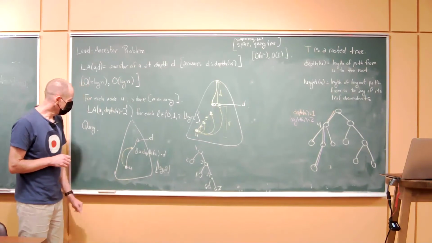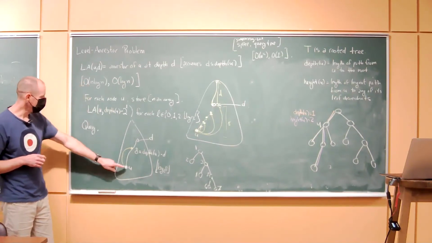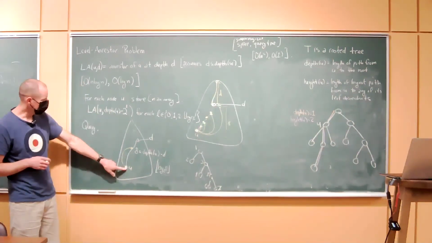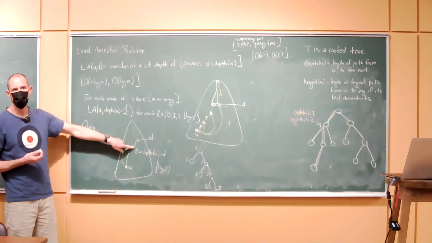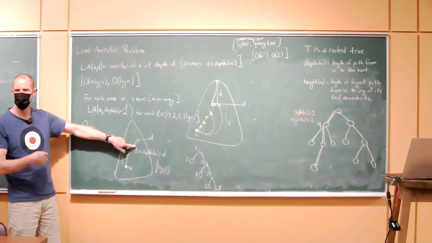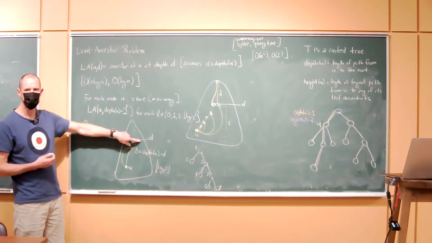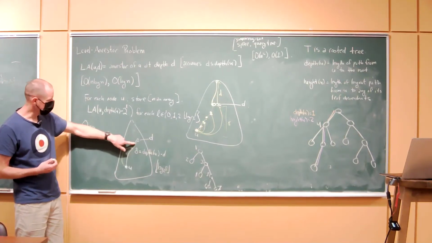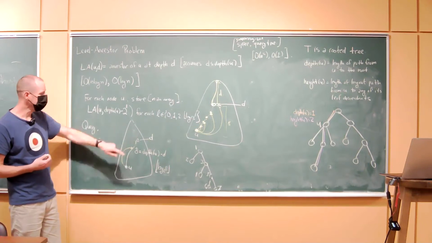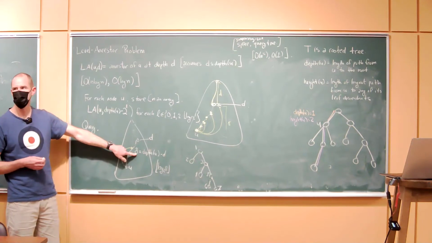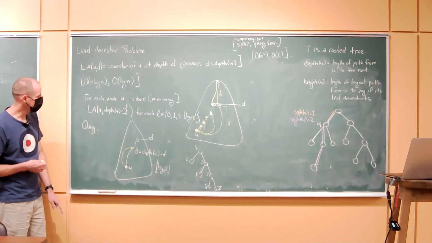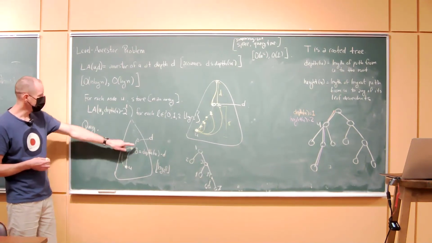All right, so from u, I can do this to get to a node that's at least halfway. And now from that node, I can do the same thing to get me at least halfway again. From that node, I can do the same thing again. That will take at most log of delta steps, and delta is at most n minus 1.